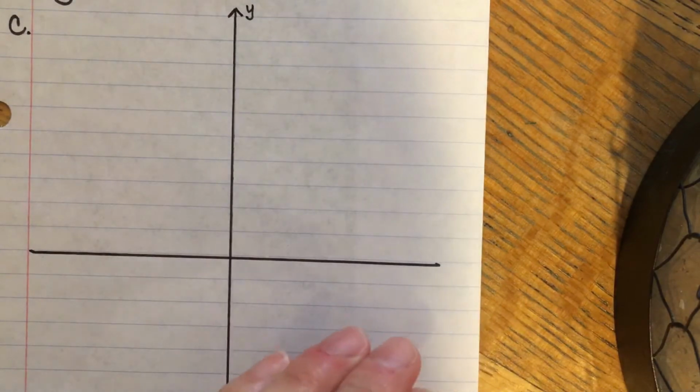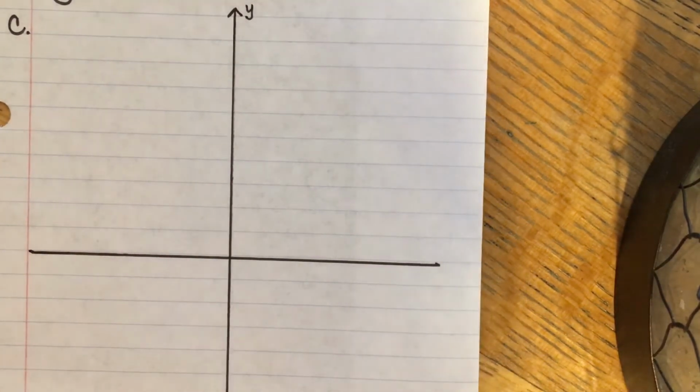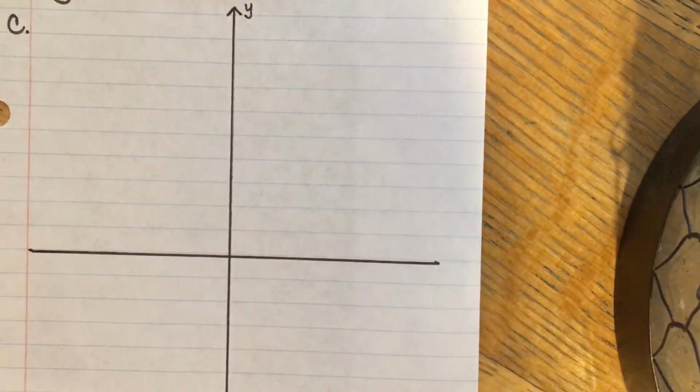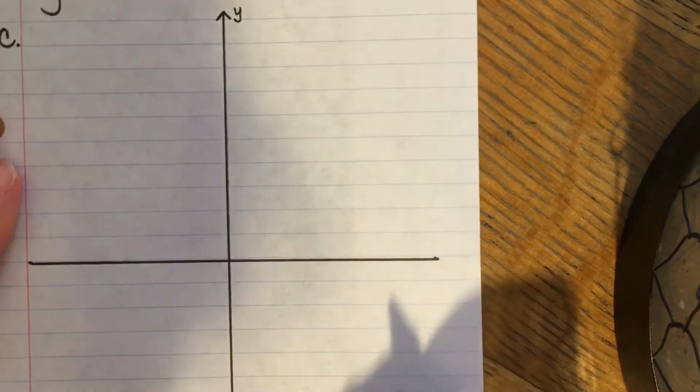I'm drawing a vertical number line and I'm intersecting that with a horizontal number line. Number lines go on forever and ever. So I'm not going to draw a number line that goes on forever, but I'm going to put this arrow here, and that indicates that this line is going to go on. So make sure that you have those arrows.